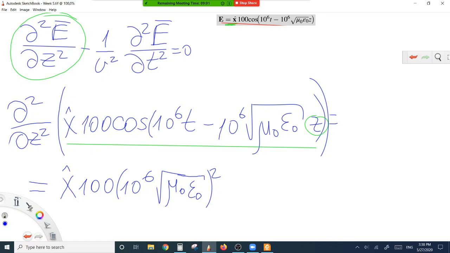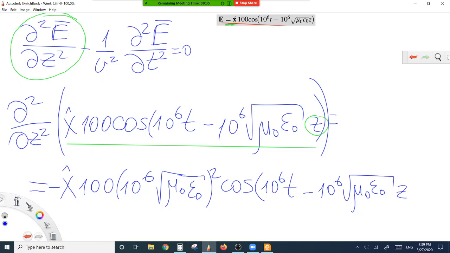The derivative of cosine is minus sine, and the derivative of minus sine is minus cosine, so minus cosine of 10 to the 6 t minus 10 to the 6 square root of mu 0 epsilon 0 z.